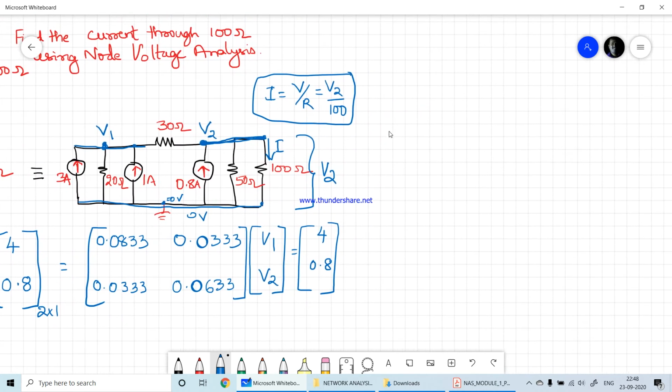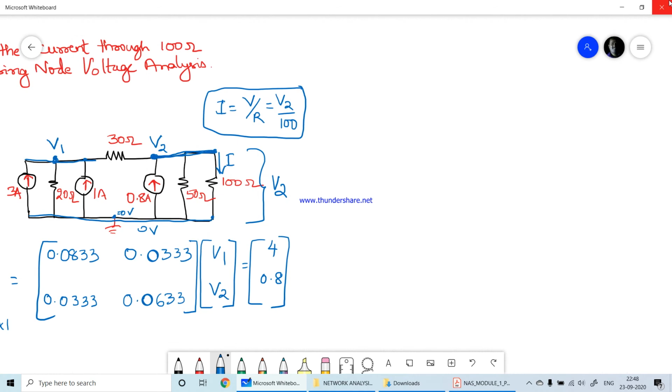For that, we can go with Cramer's rule, where V2 will be equal to delta 2 by delta.